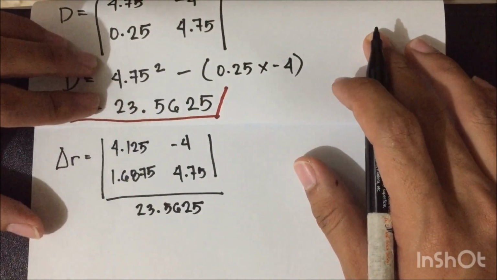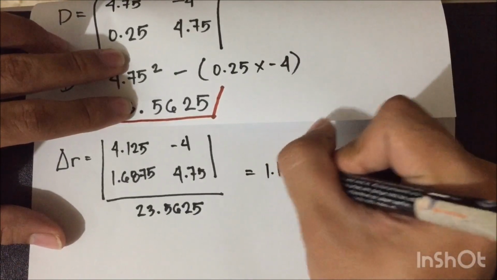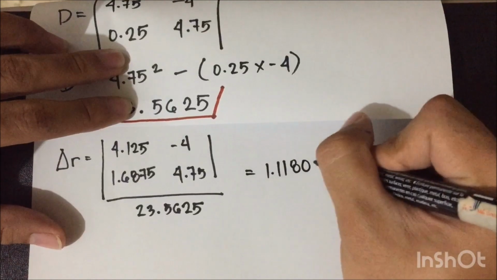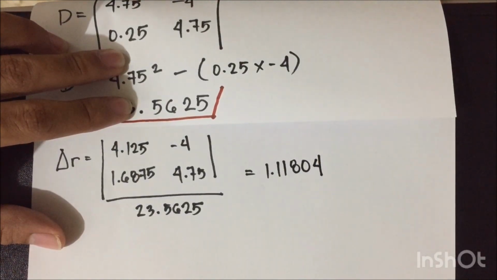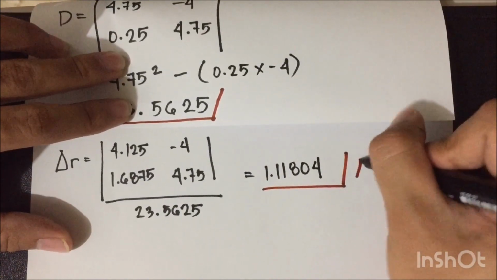So, magiging sagot dito is 1.11804. So, meron na tayong value ng ating delta R.